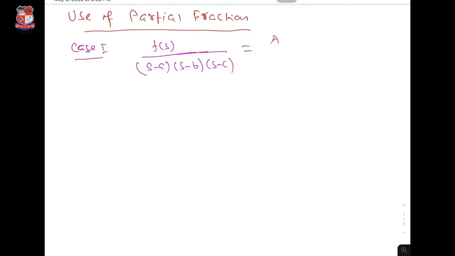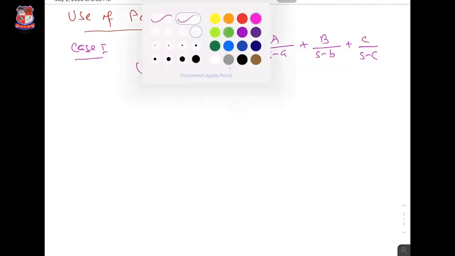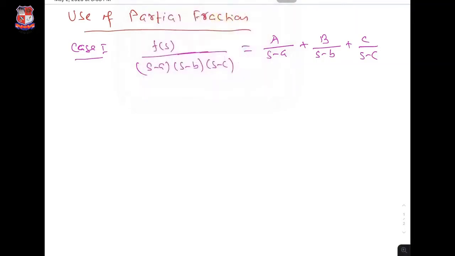Then you can write this as A over s minus a plus B over s minus b plus C over s minus c, and then we can find out A, B, C, and then we can find out the inverse Laplace transform. So let us solve an example by using this method.